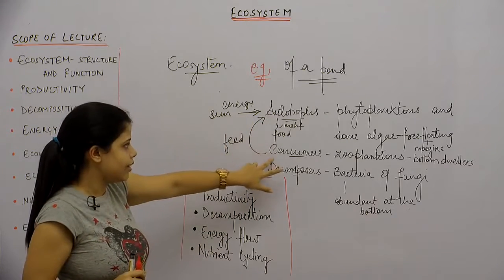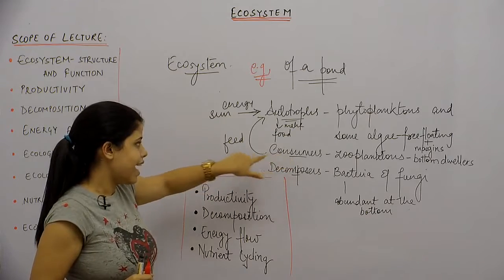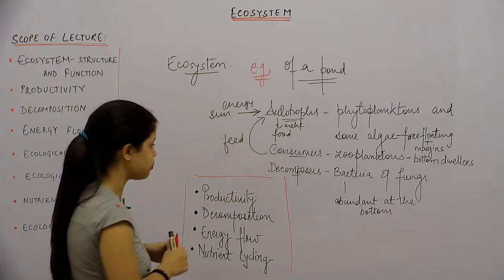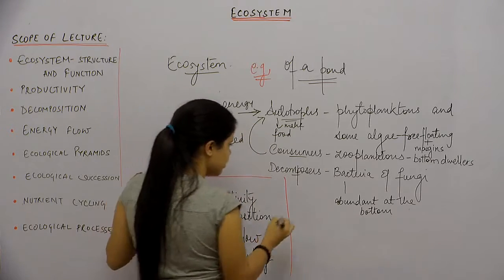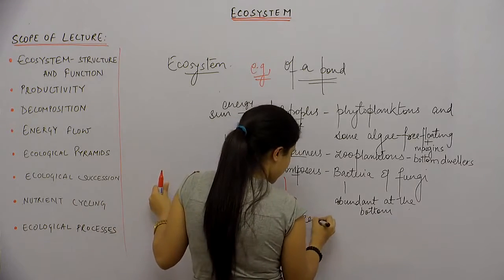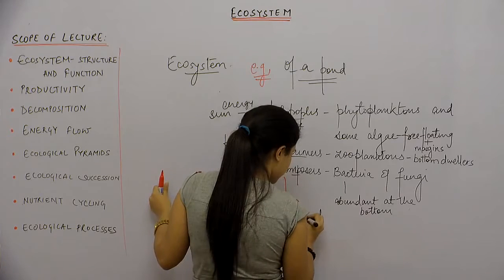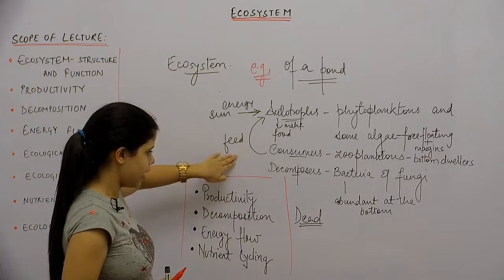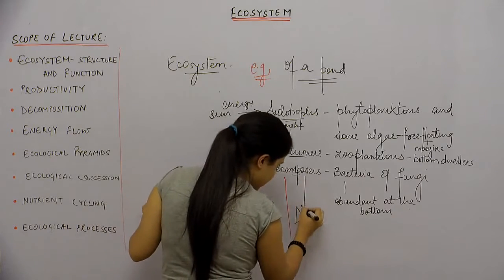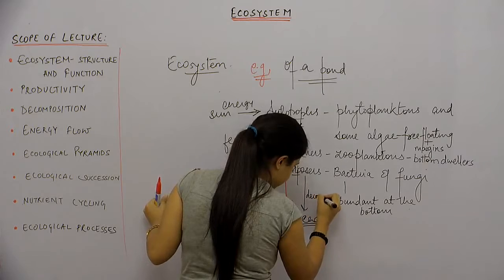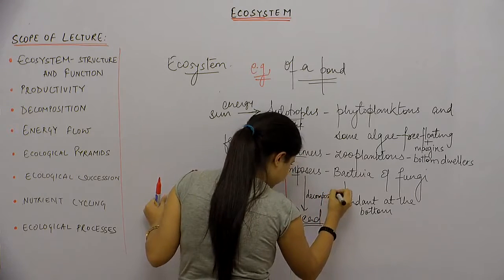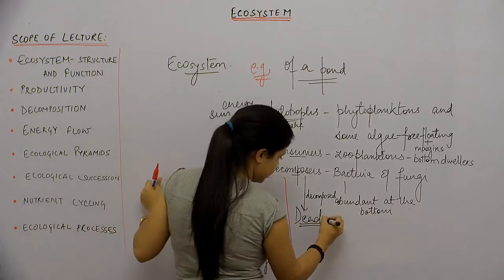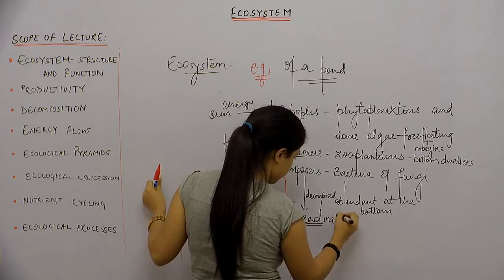So you can say that these consumers are directly or indirectly dependent on these autotrophs. And finally, when the autotrophs or the consumers are dead, these are decomposed by the decomposers. So this dead matter is decomposed by the decomposers.